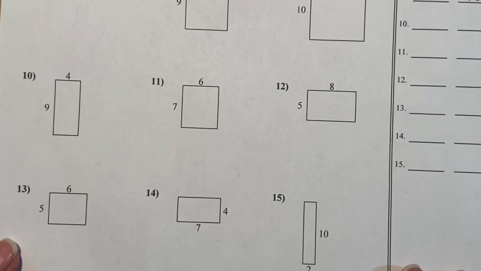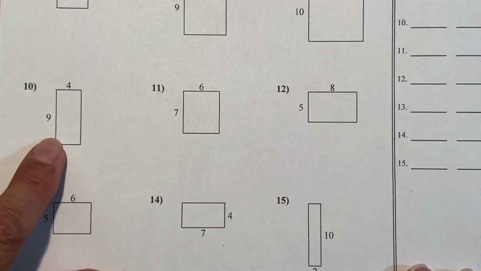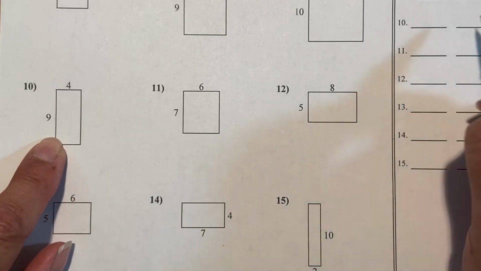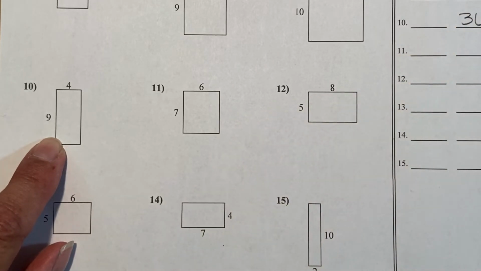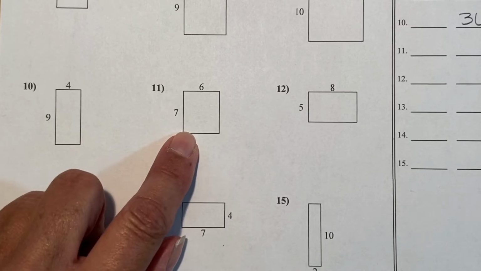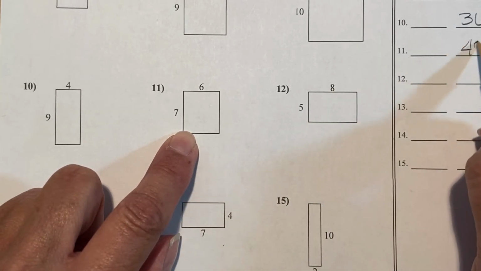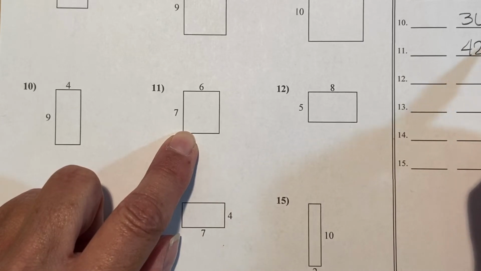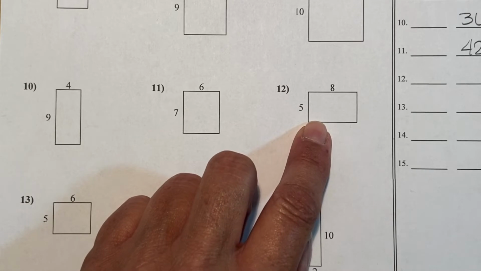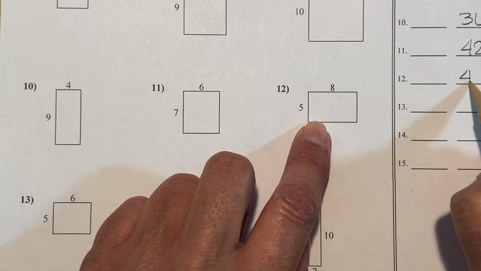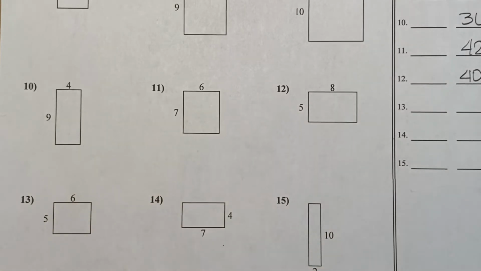Let's take a look at the bottom here. We've got question number 10. 9 times 4, 36 inches squared. Number 11. 7 times 6, 42 inches squared. Number 12, 5 times 8, 40 inches squared.